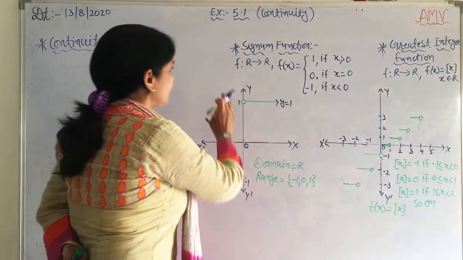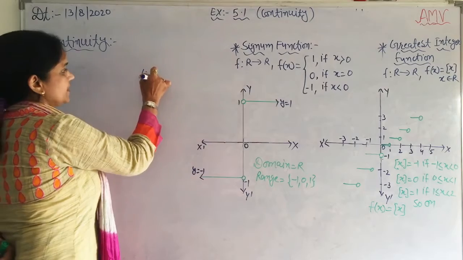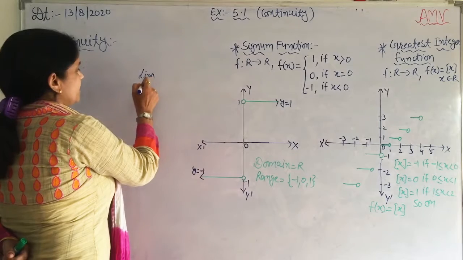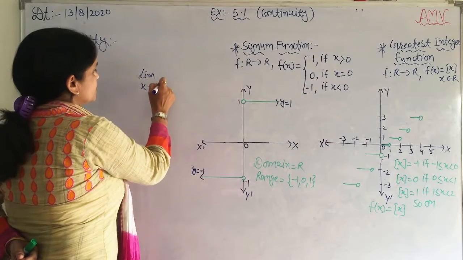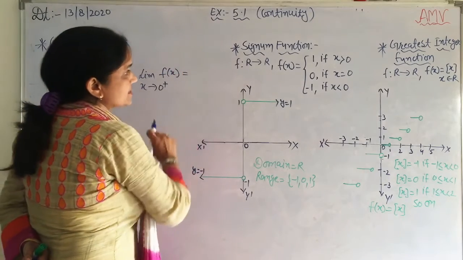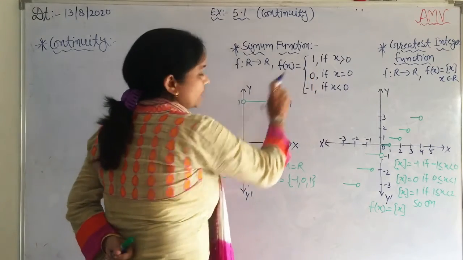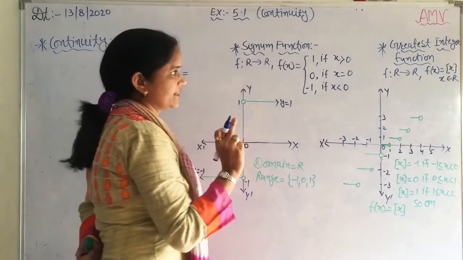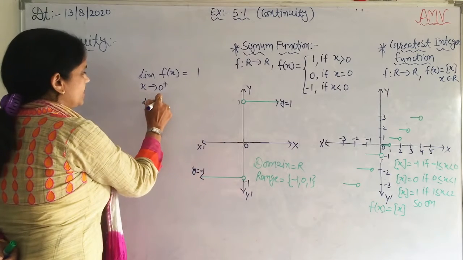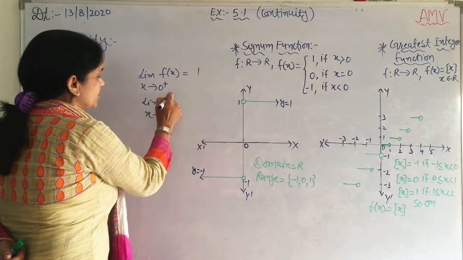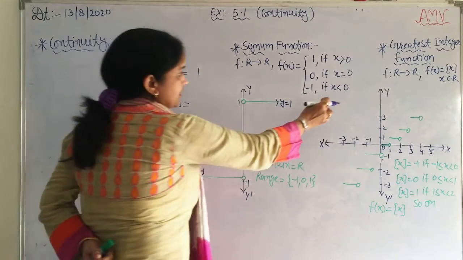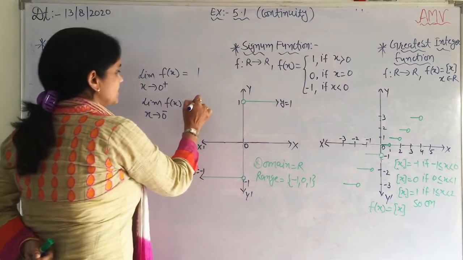If we find the limits for the signum function, the limit as x tends to 0 plus of f(x), where f(x) is 1 for all x greater than 0, is 1. The limit as x tends to 0 minus of f(x), meaning x less than 0, is minus 1.